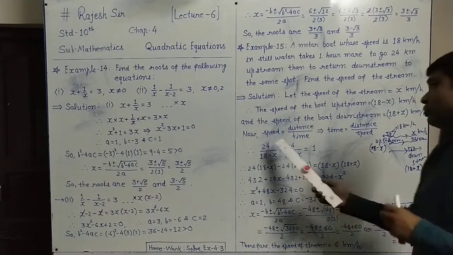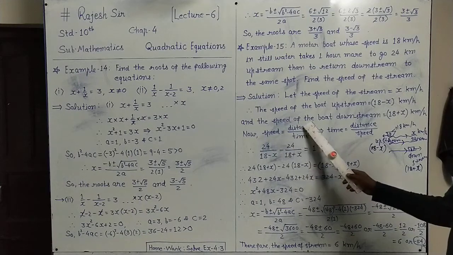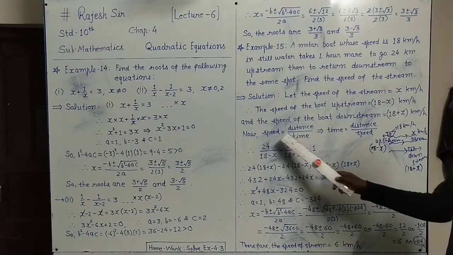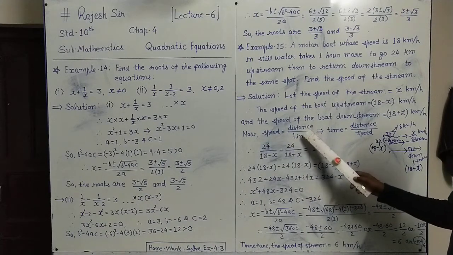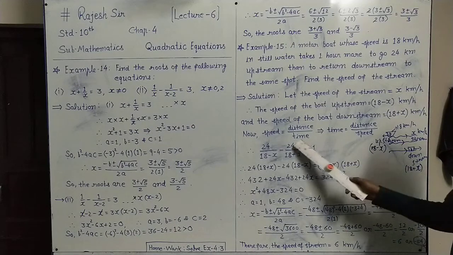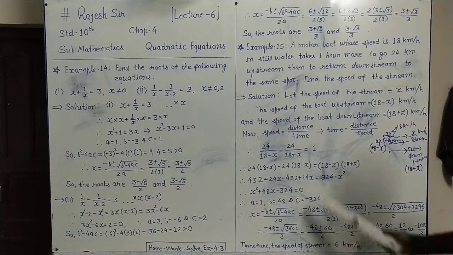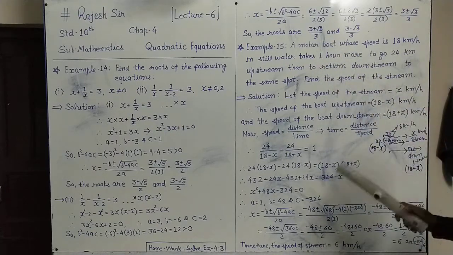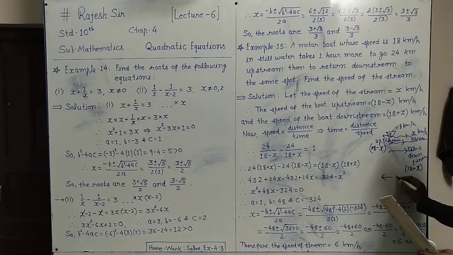Now in science, in motion, the formula we have is speed equals distance upon time. So time equals distance upon speed. When the boat is going upstream, how much distance are we covering? 24 km is the total distance.